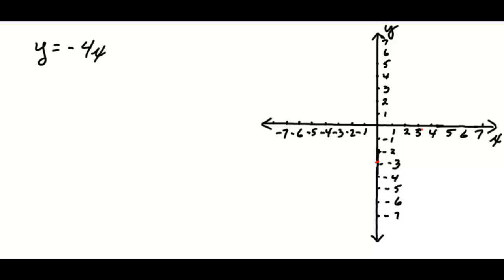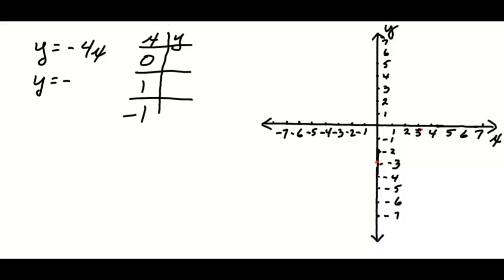This time we'll set up our x and y axis, x, y. Again, I like to use 0. This time I'm going to use 1, and the other one is negative 1. Well, when x equals 0, y equals negative 4 times 0, so y equals 0.